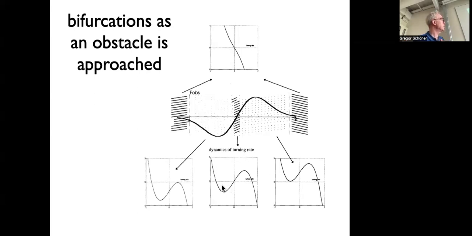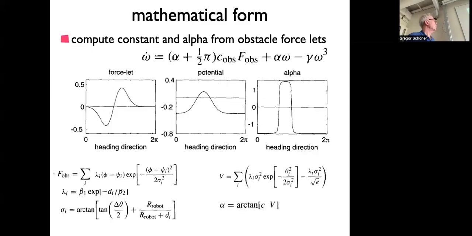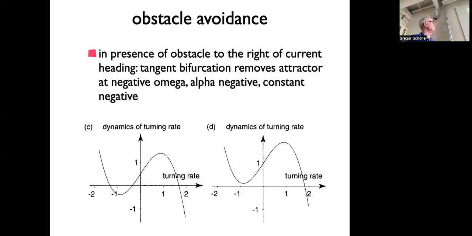You could think of this transition as this attractor and that repeller colliding, and only this one left. Similarly, on the other side, it's just the other way around. The attractor of turning in this direction would collide with the repeller and be gone, and only the one is left. So you're combining the tangent bifurcation with the pitchfork bifurcation.